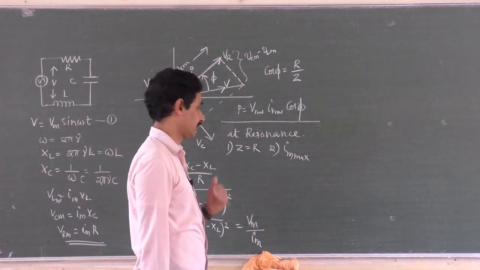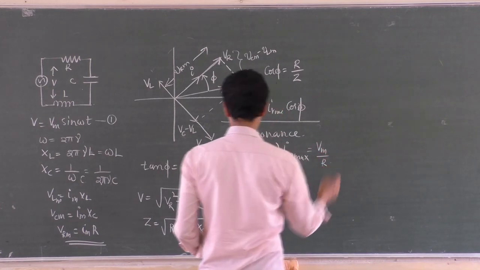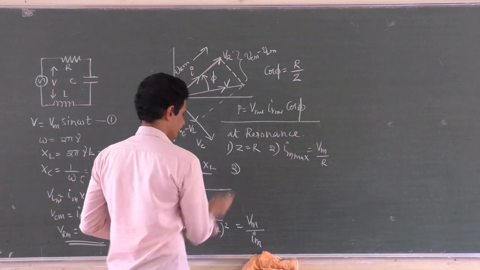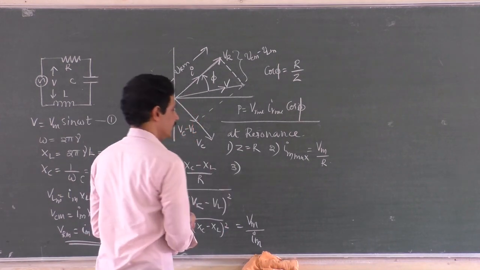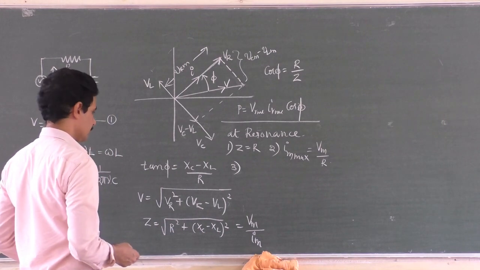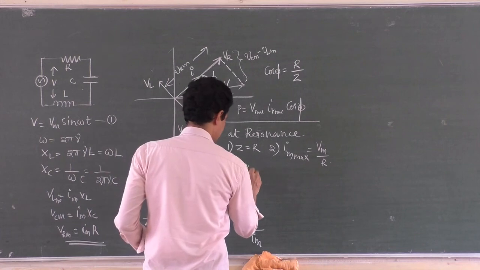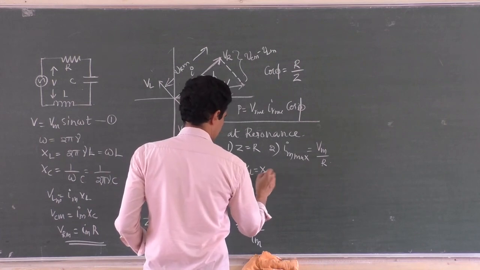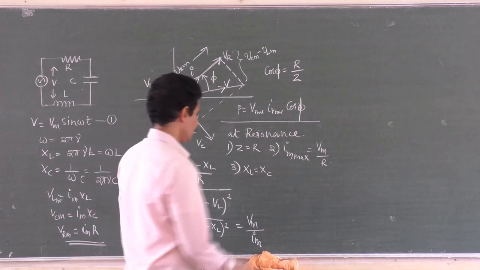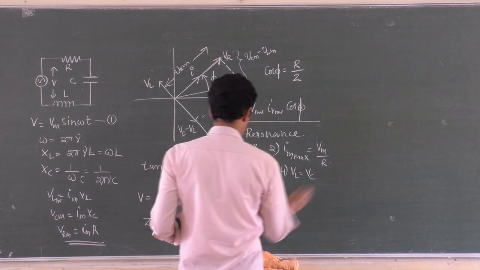The highest peak value of current will flow, and that is equal to Vm by R, because Z equal to R. Then, okay, third point, Im maximum equal to Vm by R. So that resonant frequency is given by XL is equal to XC. The inductive and capacitive reactances will be equal, and voltages across L and C will be equal. VL is equal to VC.